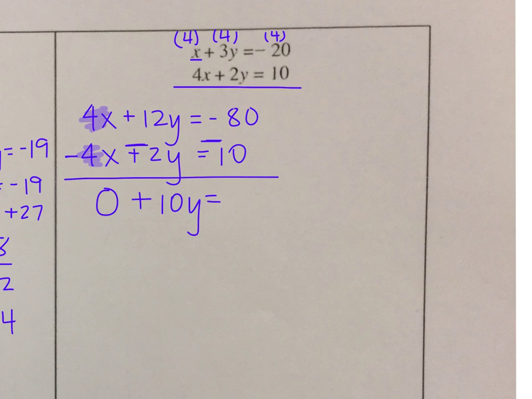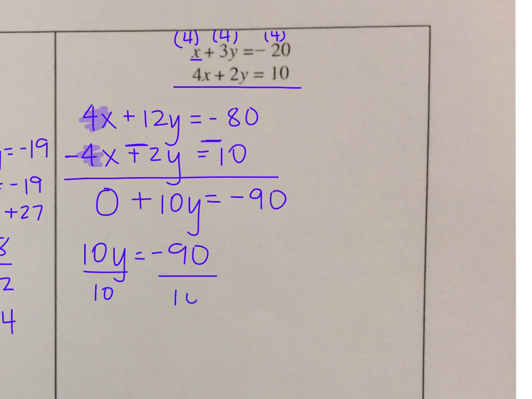Negative 80 minus 10 is negative 90. I've got 10y equals negative 90. We'll just divide by 10. Y equals negative 9.